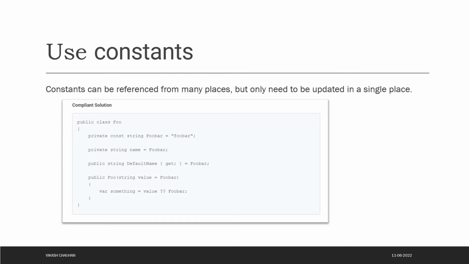So in this case, always use the constant in the programming language in which you are working. If you are working in C sharp, there is a const keyword, so use that. But sometimes I notice people use the static keyword because they consider the value static, and we can use it directly by using the class name and the property name.